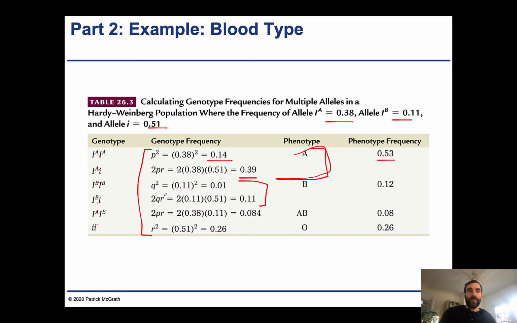B, you can do the same thing using q squared and 2qr, so the expected frequency is this. AB, the expected is this, and then the expected for O is this.